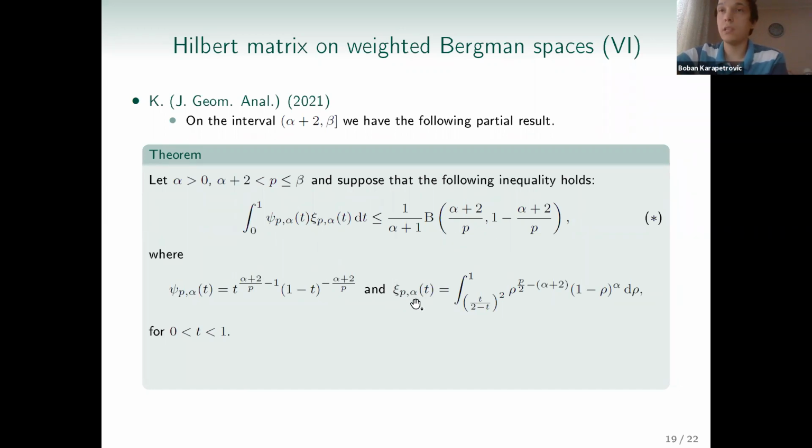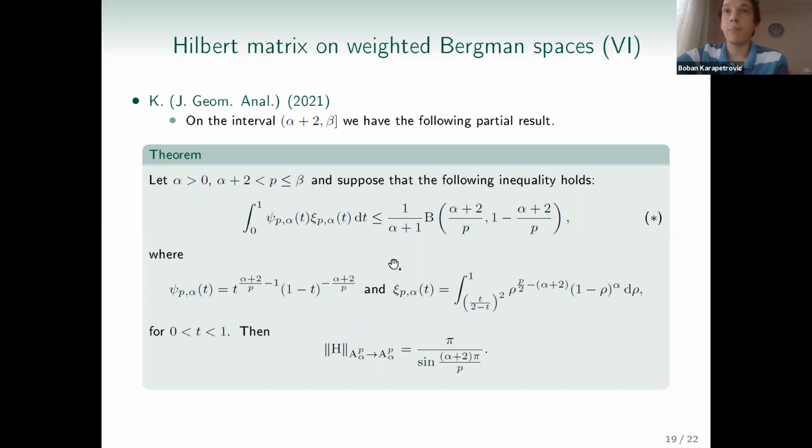And also we have this function psi. So if we suppose that this inequality holds, then we have a solution of the conjecture. And it is interesting that this inequality is not always satisfied under these conditions.